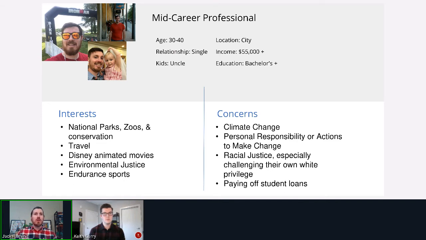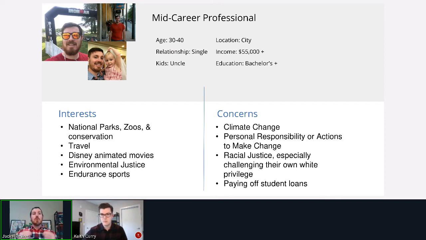Other things to consider, certainly race and gender in general. If it's an issue that is more relevant to people who identify as male, female, or trans, those are areas where you can differentiate additionally. You can have wider or narrower age groupings. So this is just a general way to get a sense of who this persona is.